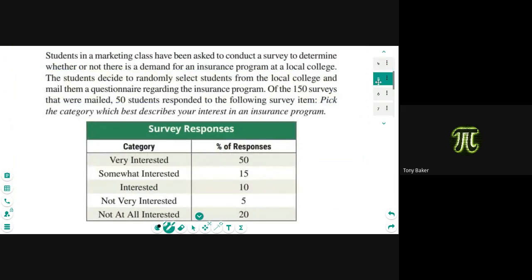All right, so let's look at a study. Read that real quickly. All right.